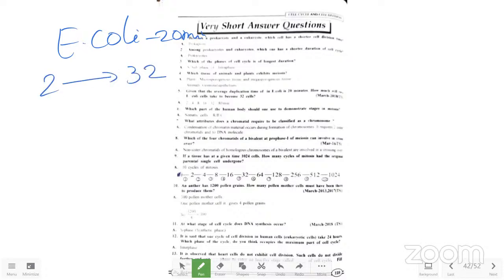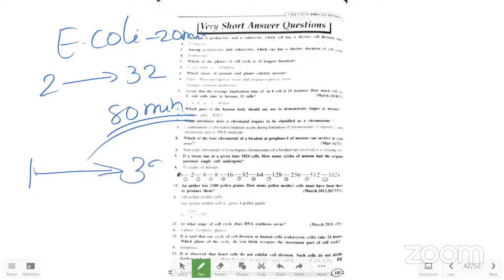Okay. What is the one? They are saying that E. coli cells will undergo division in 20 minutes, and the division starts with the 2 E. coli cells to become 32. Then 80 minutes is the time that will be consumed. If one cell starts to become 32, then that is 100 minutes.